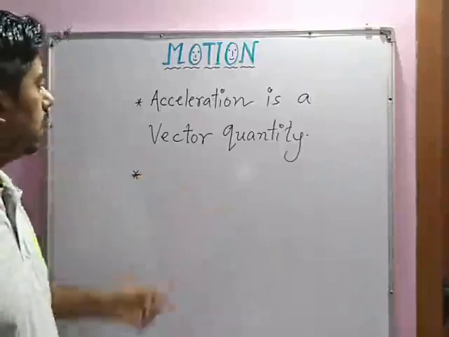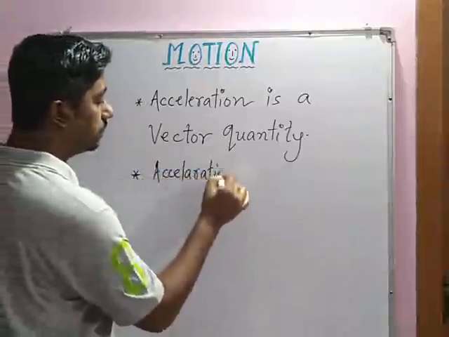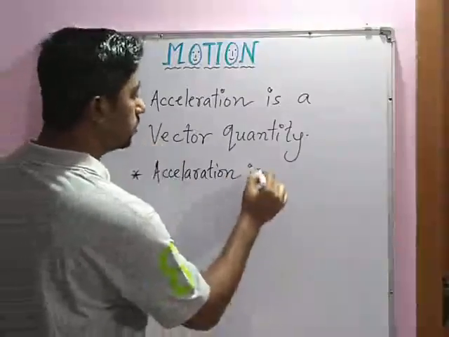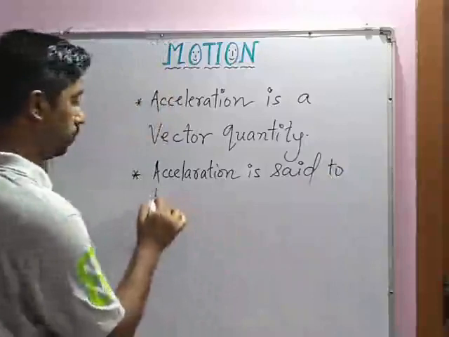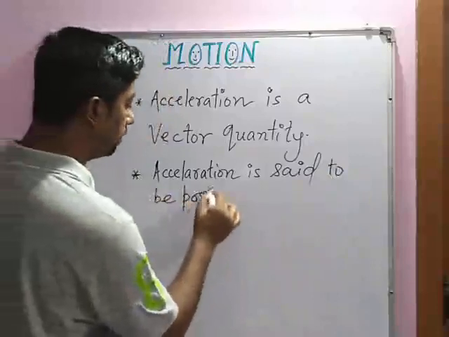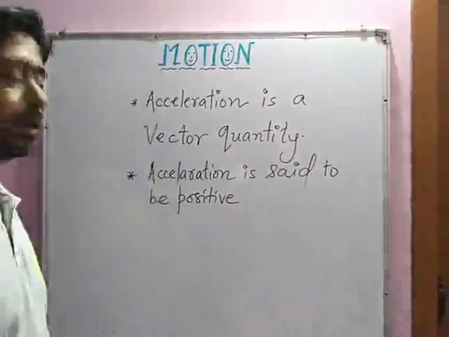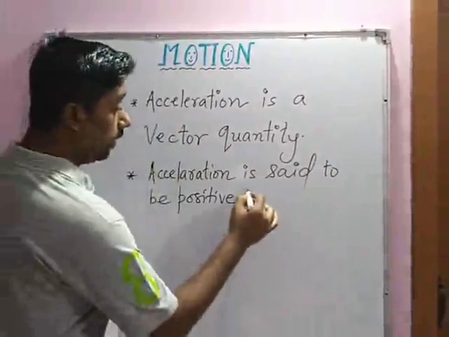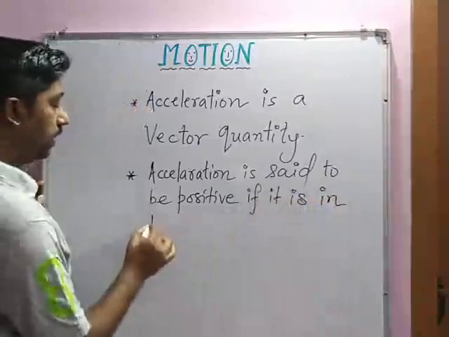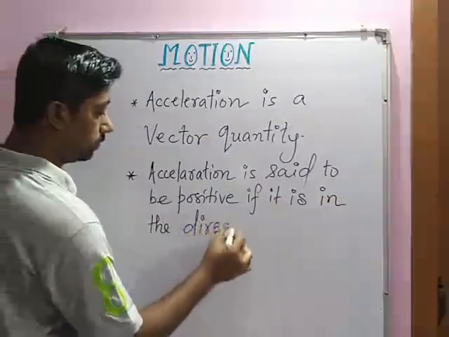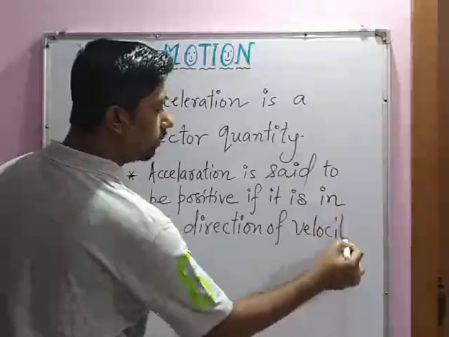Now acceleration is a vector quantity, and one more thing. Acceleration is said to be positive if it is in the direction of velocity.